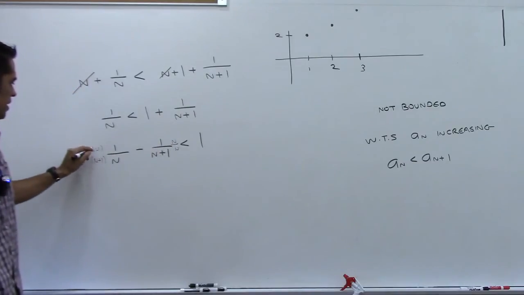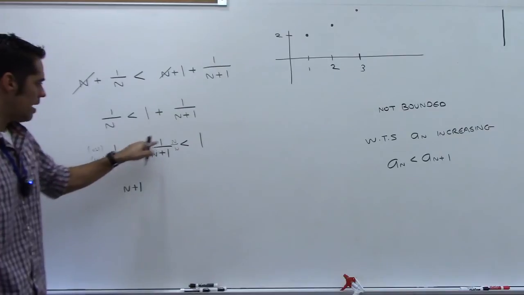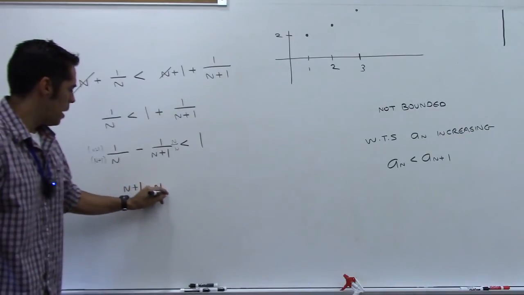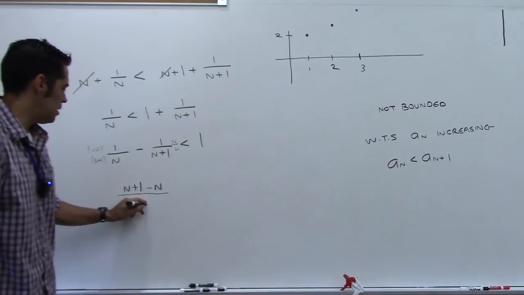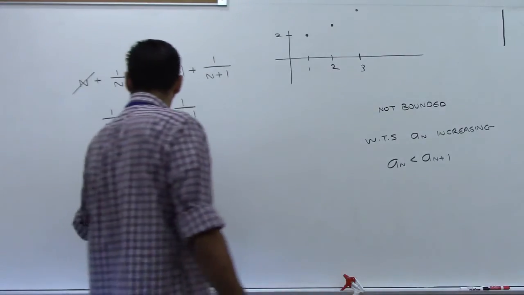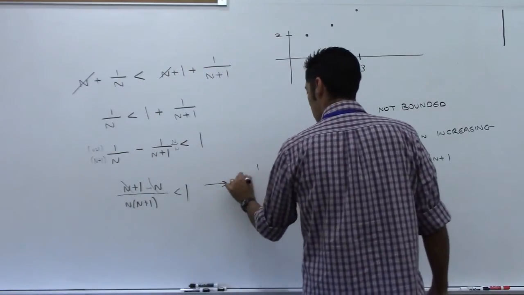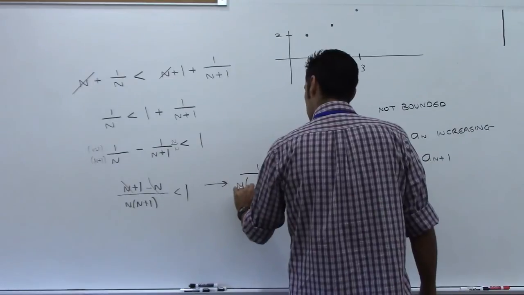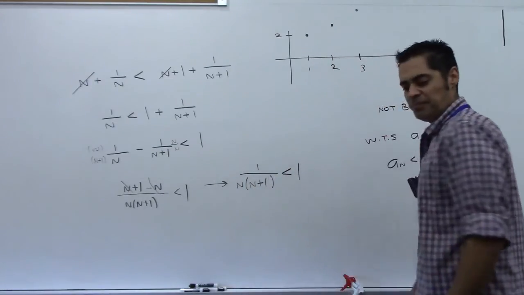So what you'll get is n plus 1 times 1, which is n plus 1. Then you'll subtract n, and you'll put that all over the common denominator, which is n times n plus 1. Is that less than 1? So cancel those out, and what you get is 1 over n times n plus 1 is less than 1.